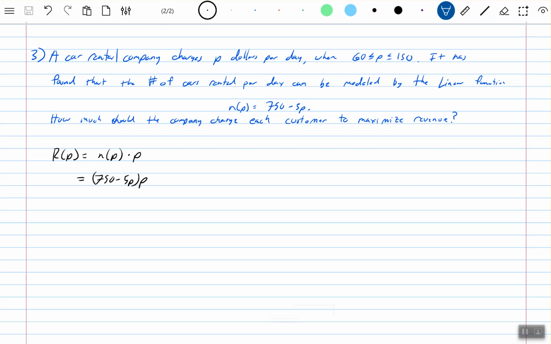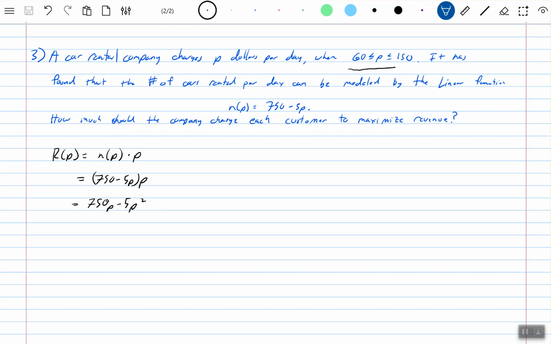So let's get straight to it. We have R of P is equal to 750 minus 5P times P, but that's also equal to 750P minus 5P squared. So this is the function we wish to maximize. How do we maximize it? Well, we take the derivative, find the critical points, and then we use the first derivative test to test it. But there's one other condition we have to take into account here.